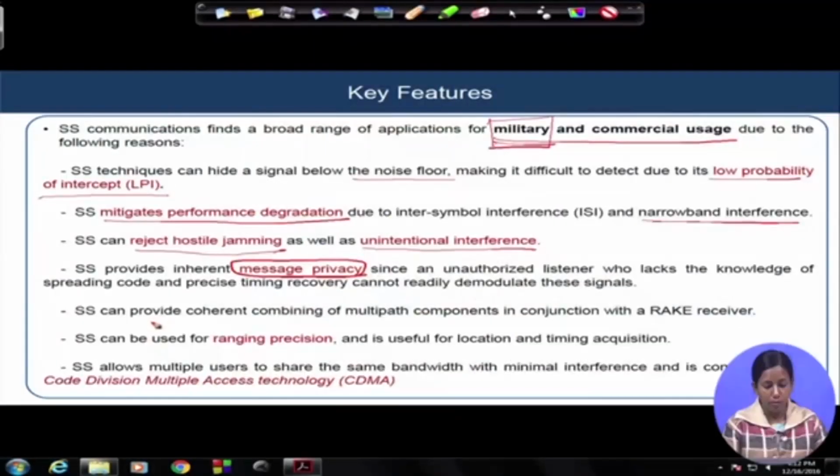Spread spectrum also provides very coherent combining of the multiple path signals by means of a typical receiver, which we call the rake receiver, and it provides a huge gain of the received signal to noise ratio because of this successful combination of multiple path signals. What I mean to say is, in the wireless domain you are receiving signal not only over the line of sight path, you are also receiving signal over multiple reflected paths. These are called multipaths.